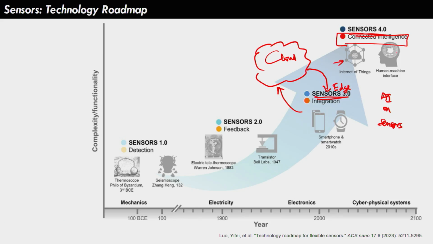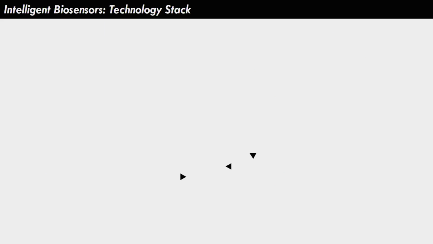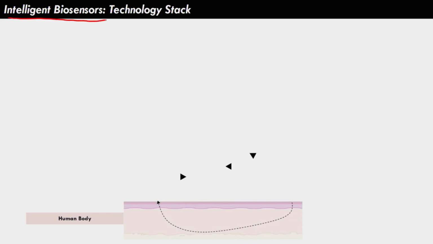This is the next step, which we call connected intelligence or sensors 4.0, where we develop AI models that can be squeezed into small platforms. Once you squeeze AI onto the sensor, we call it intelligent biosensors. Simple thing.